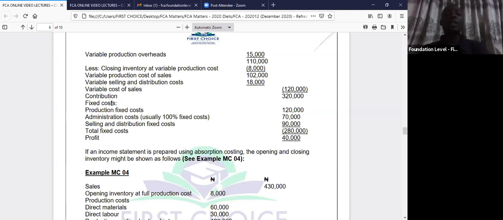You will now start dealing with the fixed costs. Remember, production has its own fixed costs, which normally in absorption costing would go to production cost of sales. But in marginal costing, you've separated it. The fixed cost is 120. Admin cost is usually 100% fixed. It includes salaries, maybe data, and every other thing that admin people spend on.